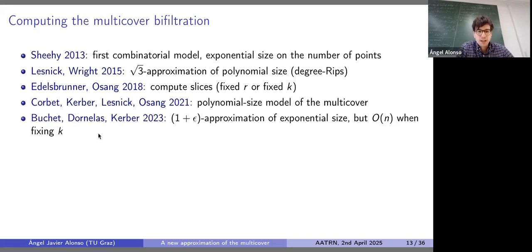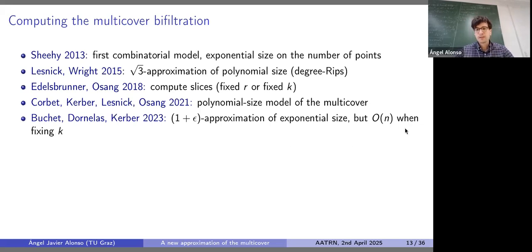Then Buchet, Dornelas, and Kerber have a 1 plus epsilon approximation of exponential size. But when fixing k, this is linear in the number of points. Here, the number of points is n. So in general, k is going to be of the order of n.